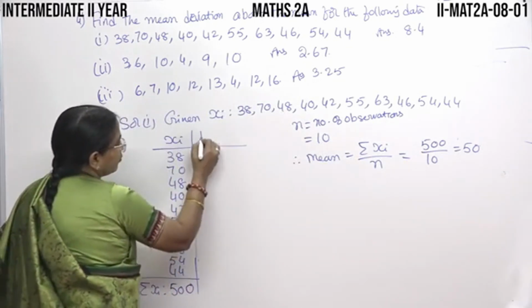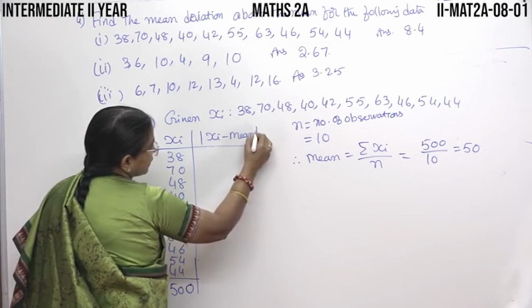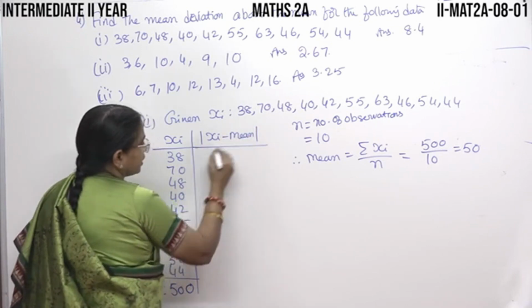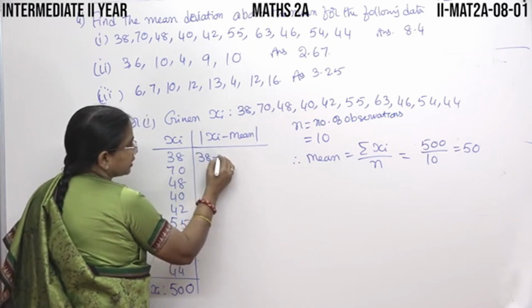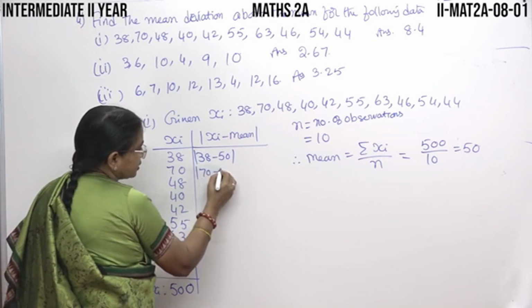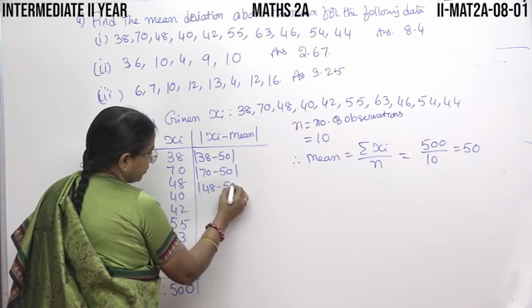Now you write mod of xi minus mean. That means it is xi minus 50. So 38 minus 50 modulus. And here it is 70 minus 50. And here 48 minus 50.